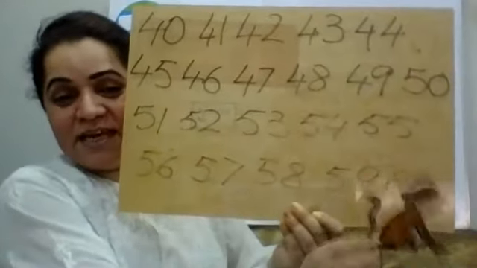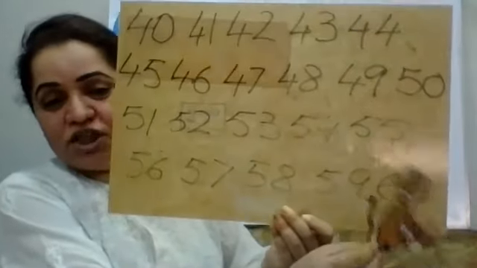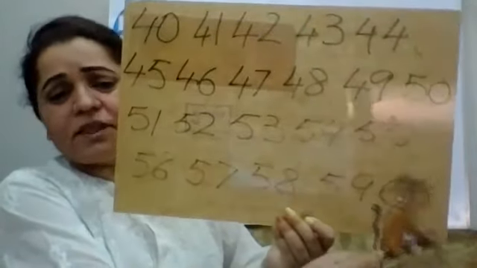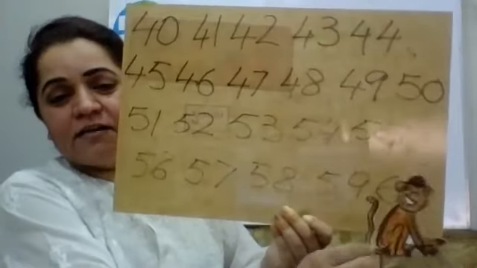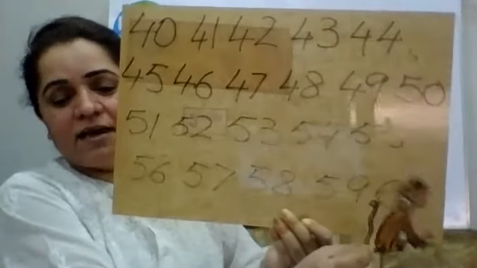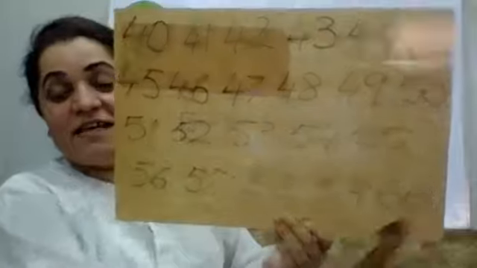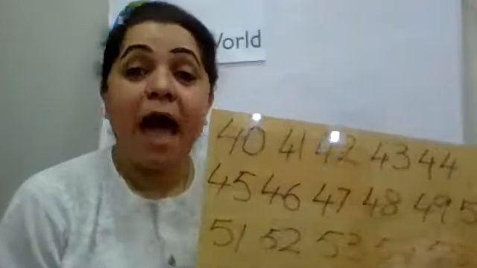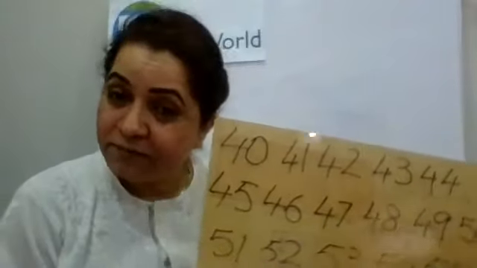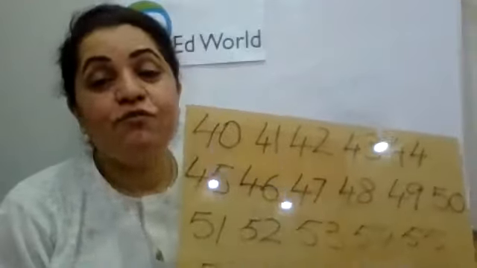Wow, up till 60. Mr. Monkey, you're still very happy. You're such a cute little friend. Do you want to come back? Please come back. So he has to come back the same way he went up to 60, following the backward counting as we did before, right?